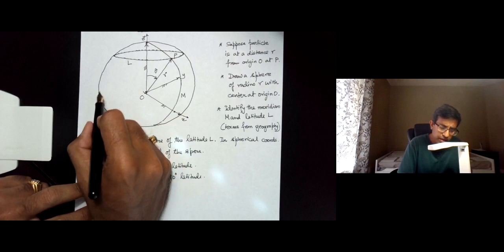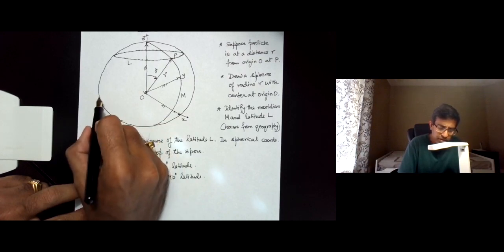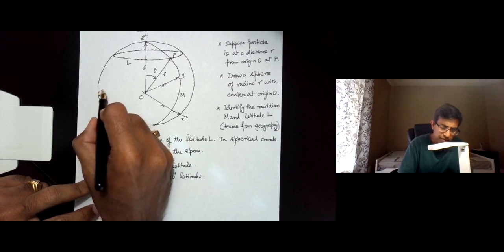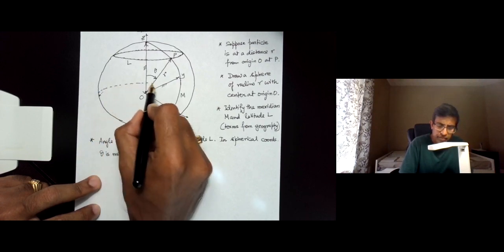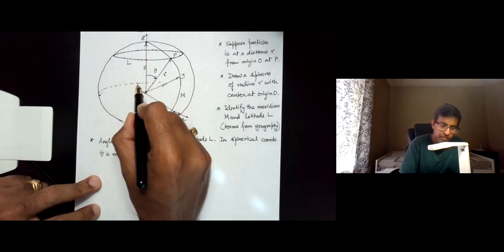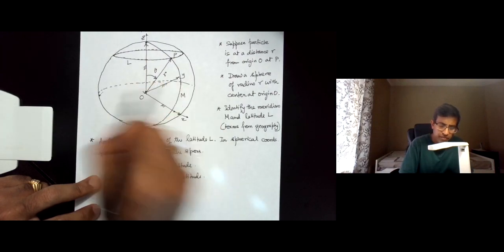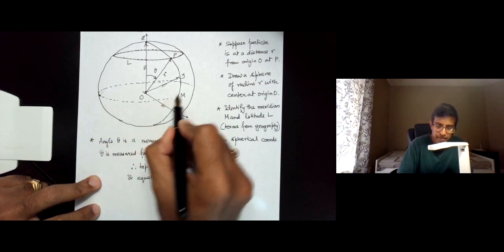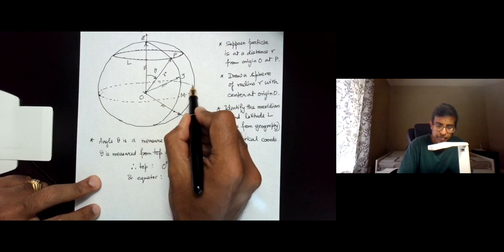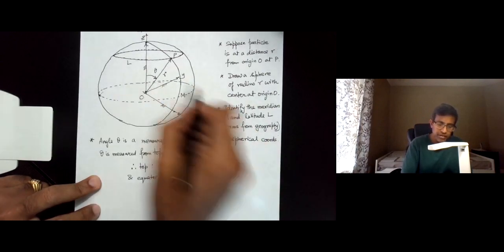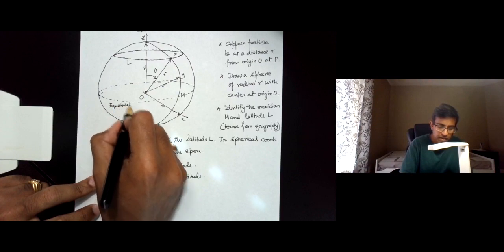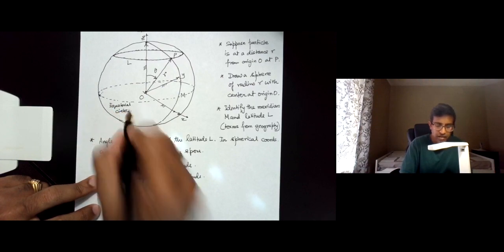Now the equatorial circle, let me draw the equatorial circle. So this is the equatorial circle.